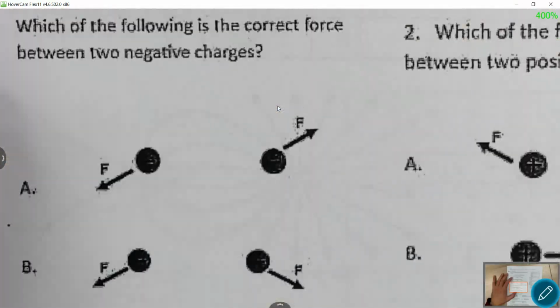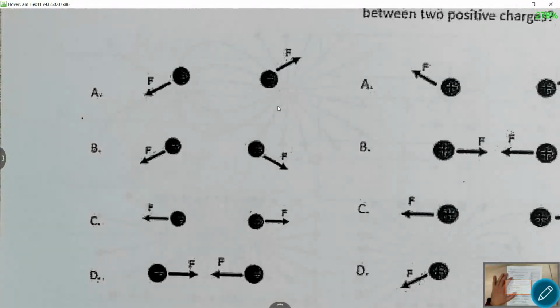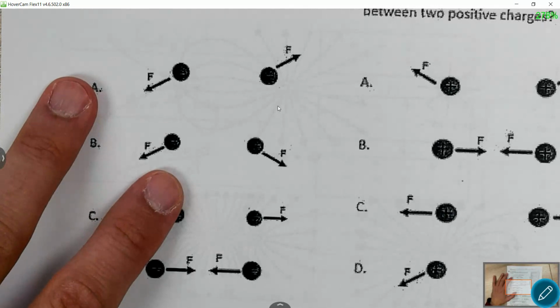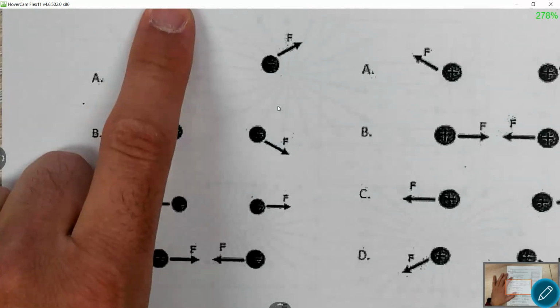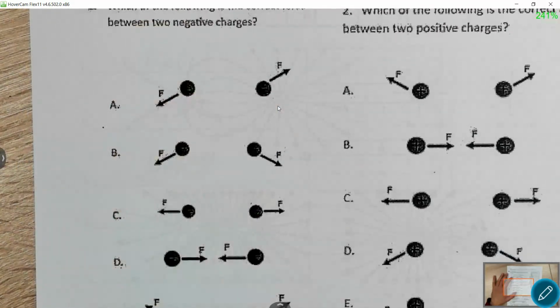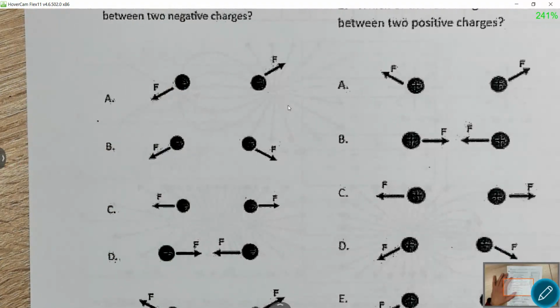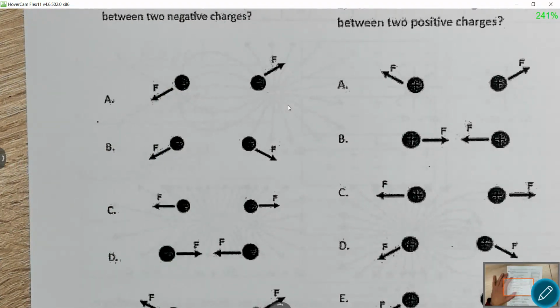Okay, and then this one, it's a little bit trickier to see, but which of the following is correct between the two charges? So on this, between two negative charges, all of these little charges are negative. Which one would be correct? What do two negative charges do to each other?